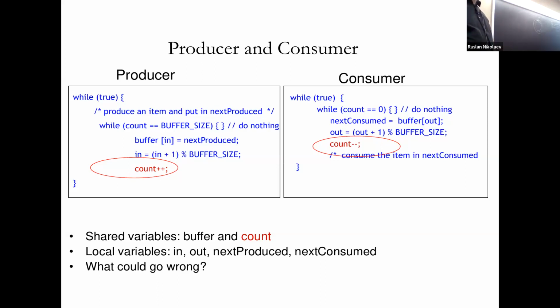After that, count can easily get more than buffer size, or even less than 0. A lot of issues can happen, so count can really go out of sync. And that is the problem with the producer and consumer here.